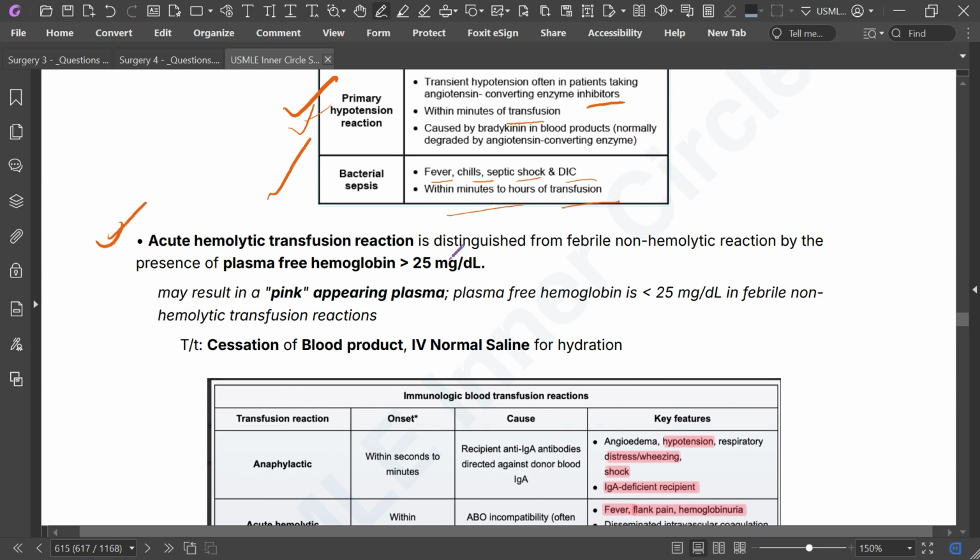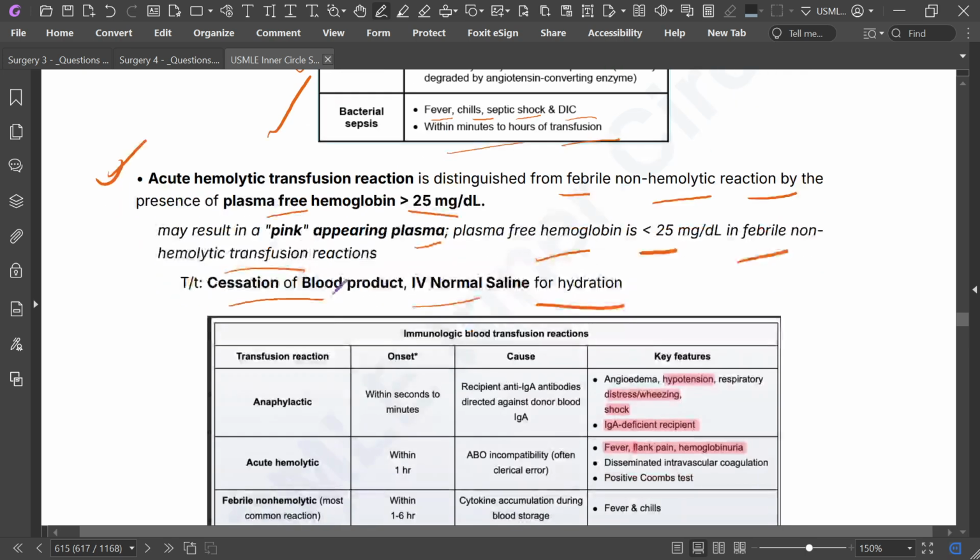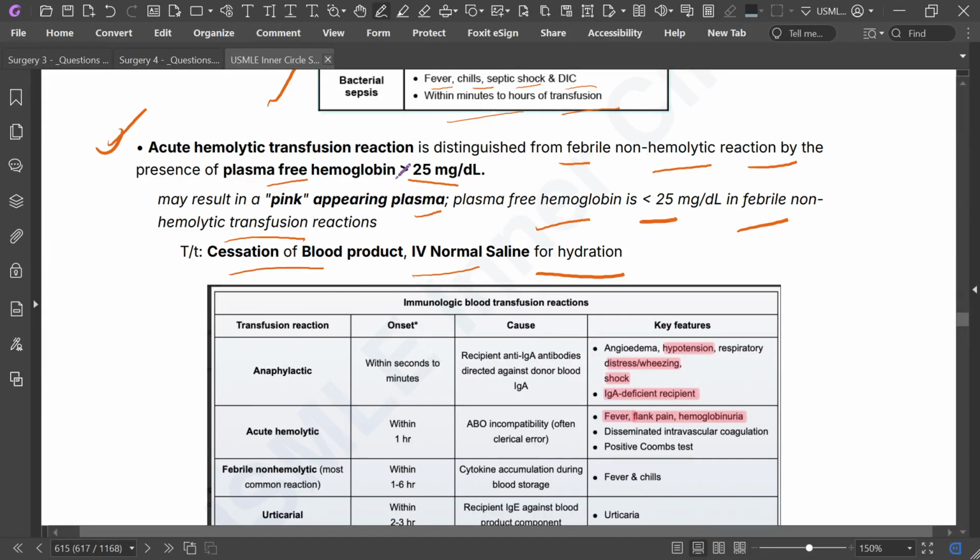Acute hemolytic transfusion reaction is distinguished from febrile non-hemolytic transfusion reaction by the presence of plasma free hemoglobin more than 25 milligrams, which may result in pink-appearing plasma.